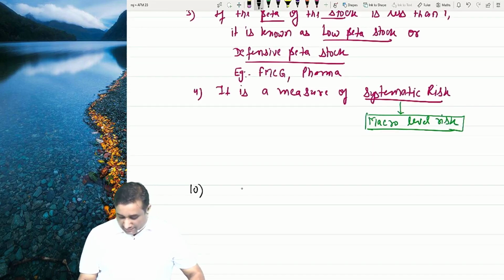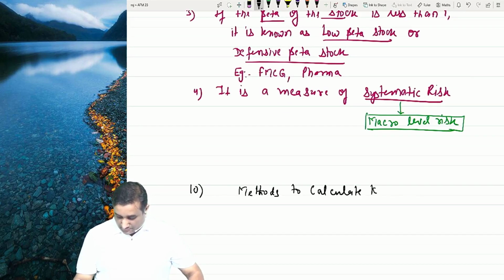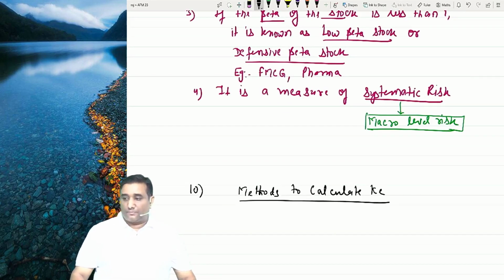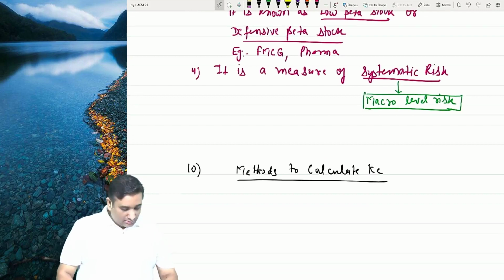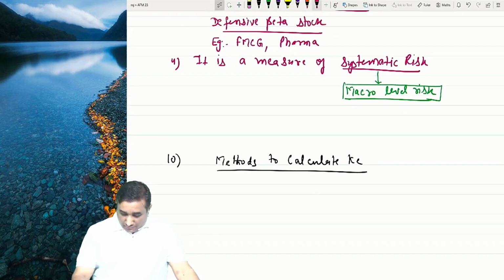Methods to calculate KE. I'm going back into your inter level where we started the basic part of it.